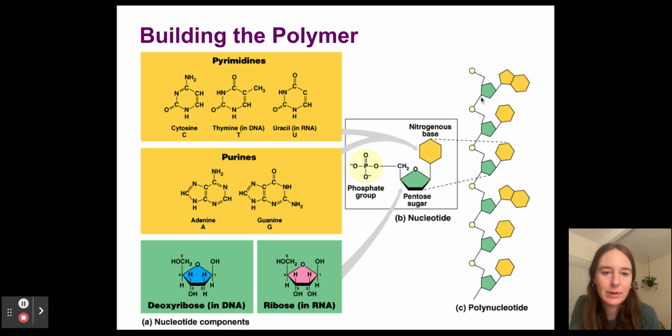So that's a 3', 4, and 5. And I think of the 5' as kind of like the chimney. Like there's this little phosphate group that's sticking out. So the 3' end is connected to a new phosphate group, which is connected to a sugar and a base. And then again here, this 3', how do we know that's 3'? Well, this is carbon 1, carbon 2, carbon 3, covalently bonded to our next one, and it keeps going. So that creates a longer chain.